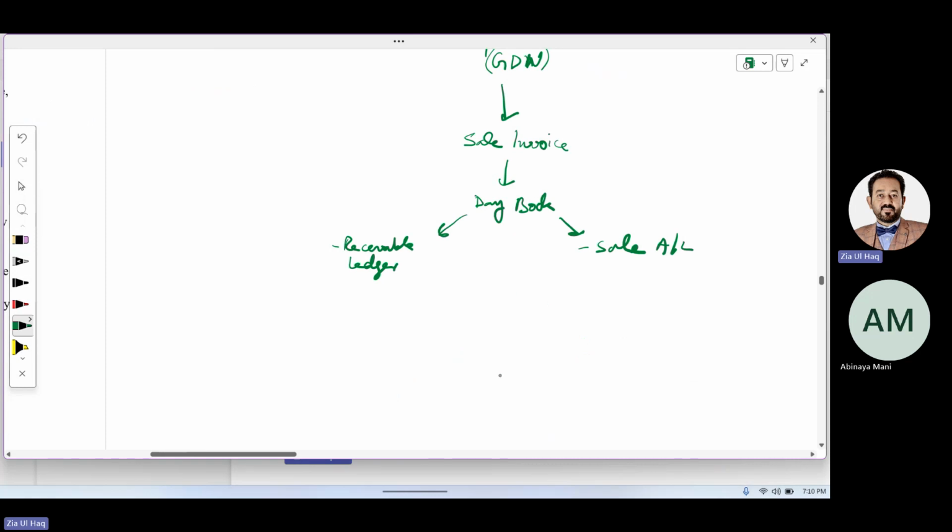Then the company will receive cash, meaning a receipt from the customer. Against that receipt, the company needs to record it in the cash book, as cash has been received. The accounting entry is cash debit, receivable credit, and the company needs to update the receivable ledger as well.